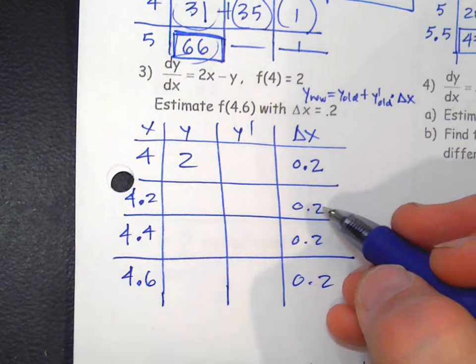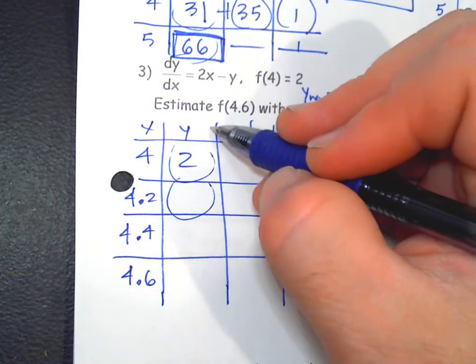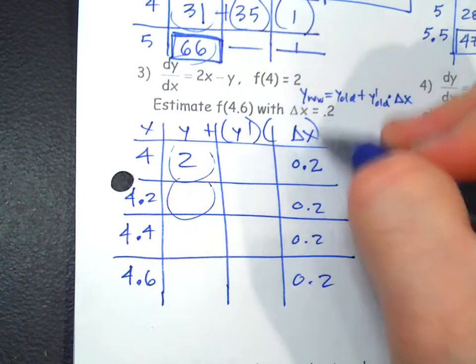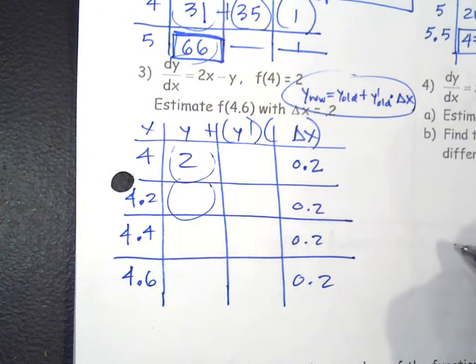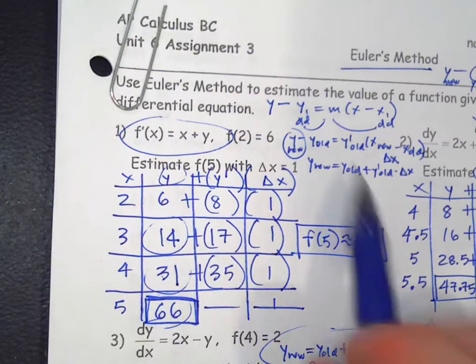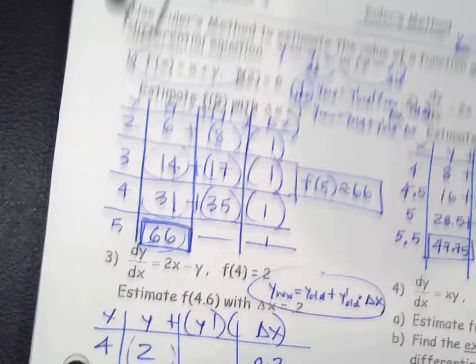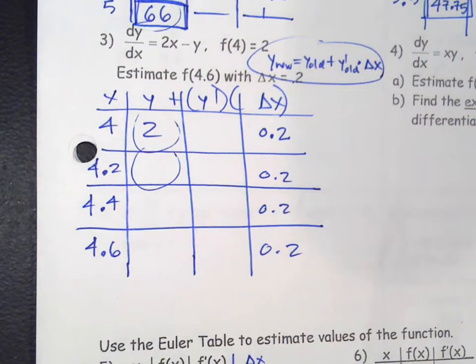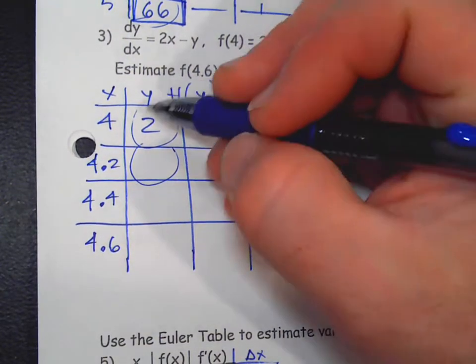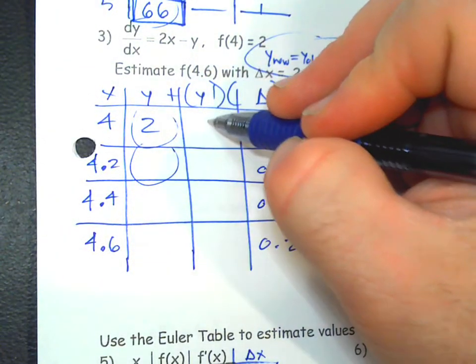Okay, so the new y value is always going to be the previous y value plus the derivative times delta x. This is where it comes from, okay? And I worked that out up here from just writing the equation of a line, tangent line, and starting with point slope form. So we got to do 2 times 4 is 8, minus 2 is 6.